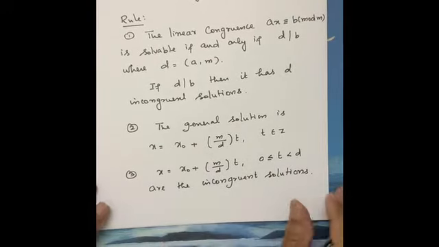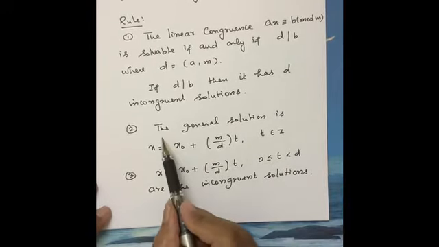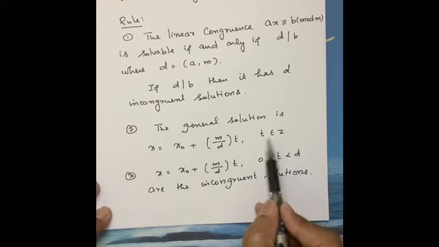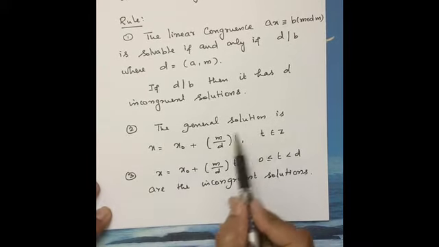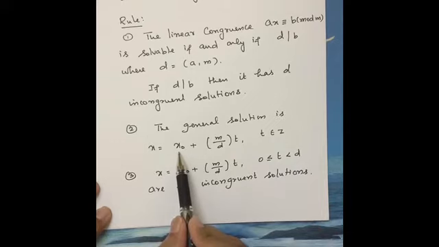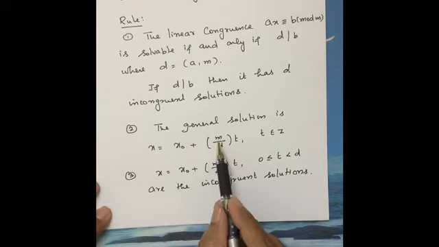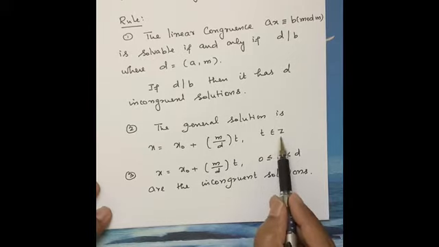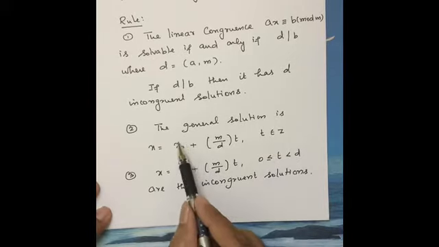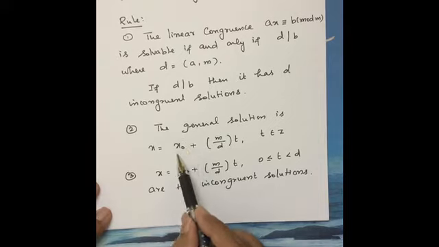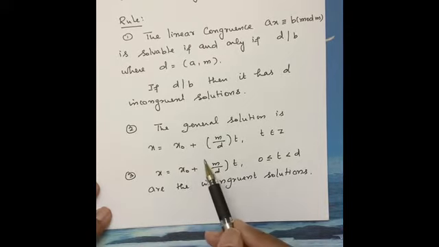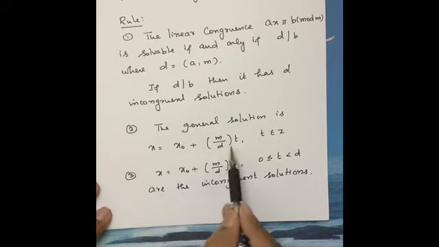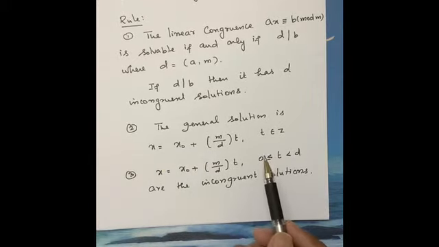What is the general solution of the linear congruence? This is another rule you have to remember. The general solution is X equal to X naught plus M by D times T, where T is any integer. X naught is a particular solution, a trial solution for X. If we know the trial solution, then we can find the general solution.